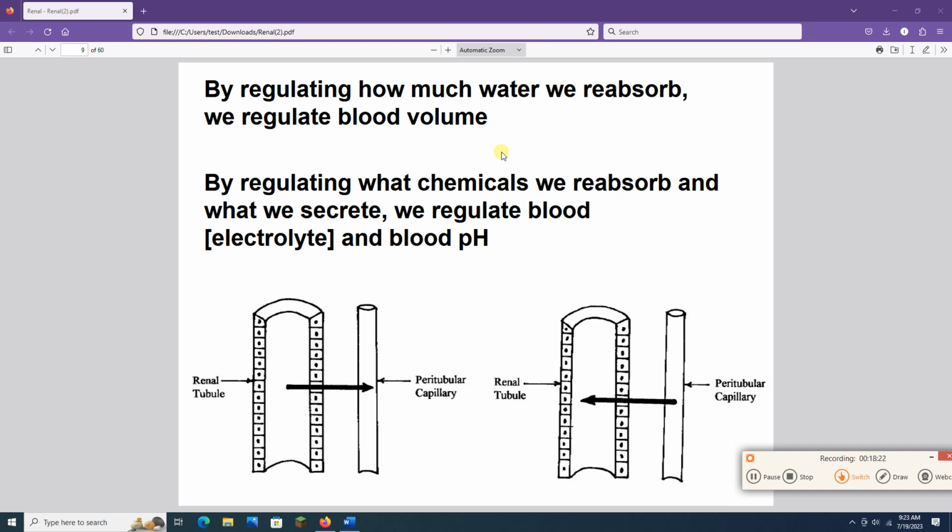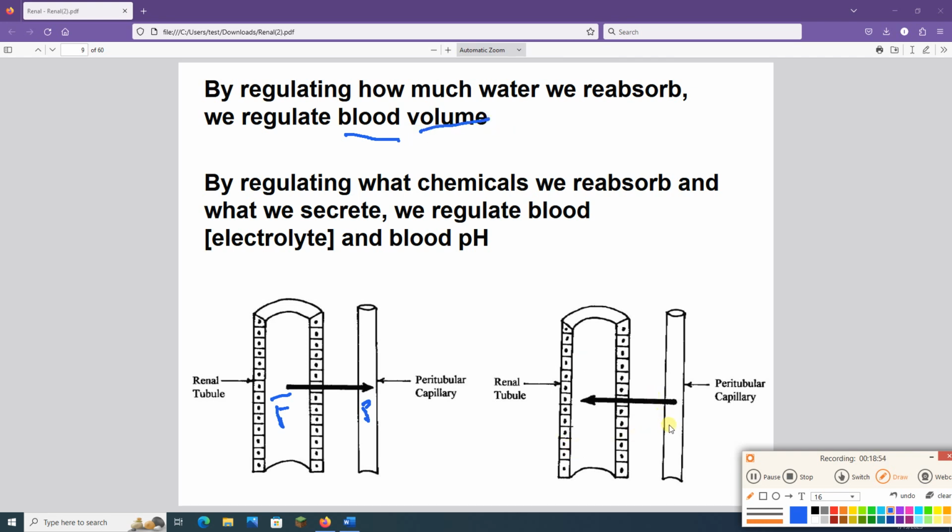The more water I reabsorb, so reabsorbing is going from the filtrate, which would be in a little renal tubule, to the plasma in my peritubular capillary. Reabsorption is going back this way. And if I regulate how much water I reabsorb, that means I'm going to regulate how much urine I produce and thus regulate my blood volume.